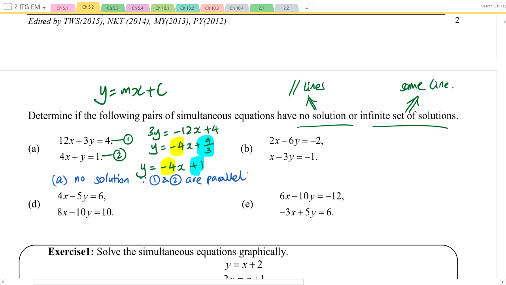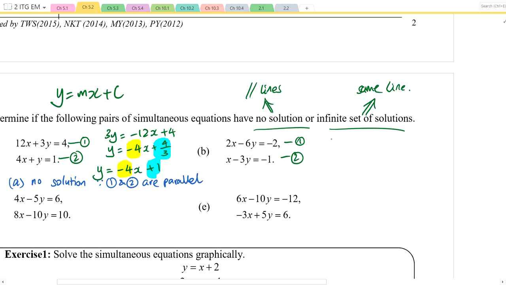Now for part B, again we want to put it into y equals mx plus c. So equation 1 and equation number 2, we name them. From equation number 1, we've got 6y equals 2x plus 2. Therefore we get y equals 1/3 x plus 1/3. This is from equation number 1. And from equation number 2, we've got 3y equals x plus 1.